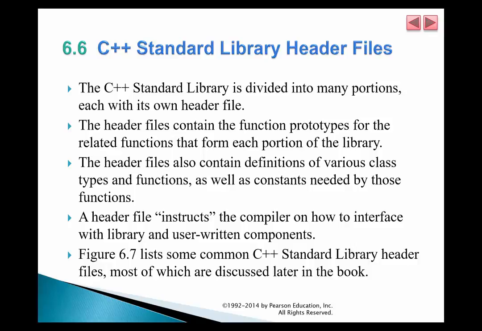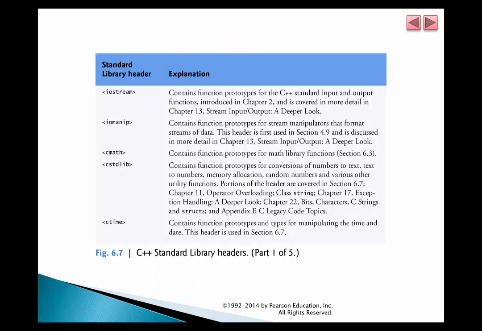This is just kind of the official discussion of them. iostream is the one we've been using a lot in every program that allows us to use cin and cout. The iomanip allows us to do things such as set up the number of decimal points we want and things like that. cmath contains all of our math libraries, so sine and cosine.